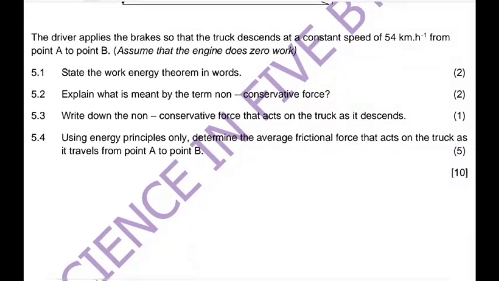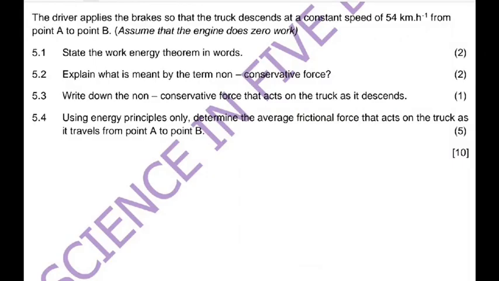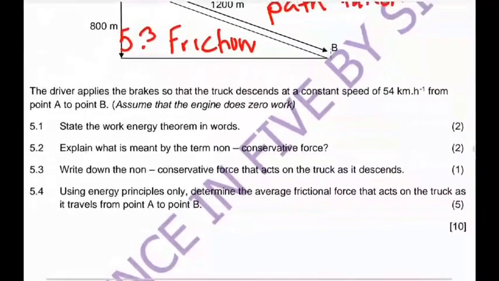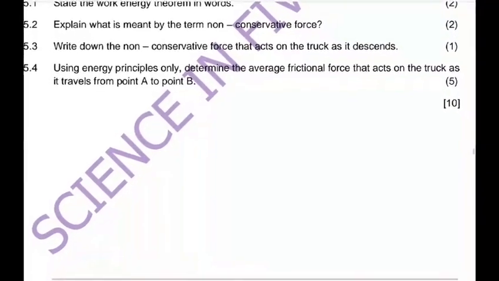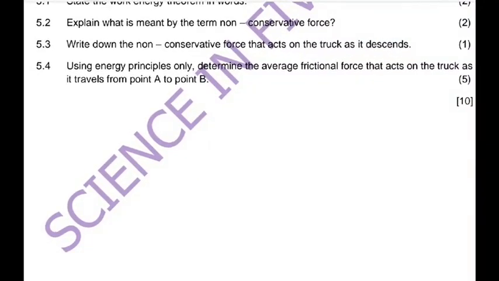5.4 says, using energy principles only, determine the average frictional force that acts on the truck as it travels from point A to point B. So energy principles that we can use, or we can think of, work energy theorem. I think this is the one that we can use. That's why the question even said, state the work energy theorem.